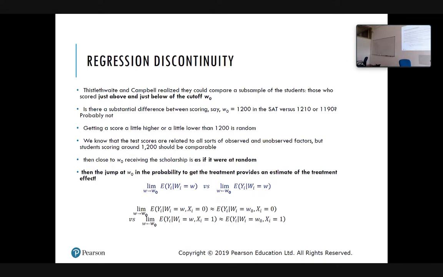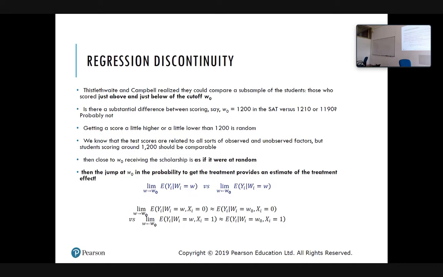So we can measure the conditional mean of Y for those who are just below and just above the threshold. Why? Because probably there is no substantial difference between those who score just below this threshold value and those just above the threshold value.